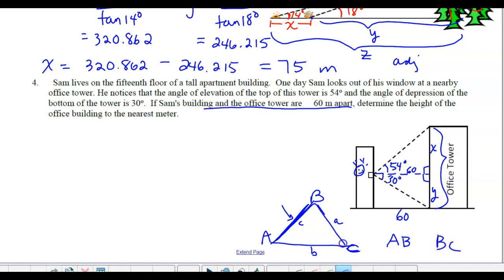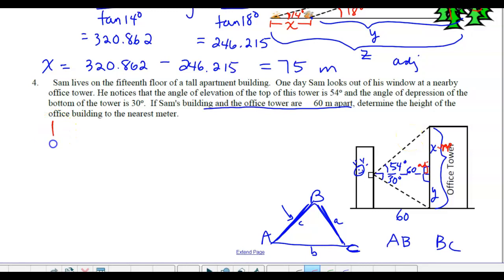In any case, I'm going to label them X and Y, and so now in my triangle, I have this angle, this is opposite, and the 60 is adjacent. In a lot of these application questions, tan is often the ratio you use. So if you're stuck, I always say, use tan. Might not be tan, but a lot of them tend to be tan, more so in the application questions, because often we're not measuring the hypotenuse.